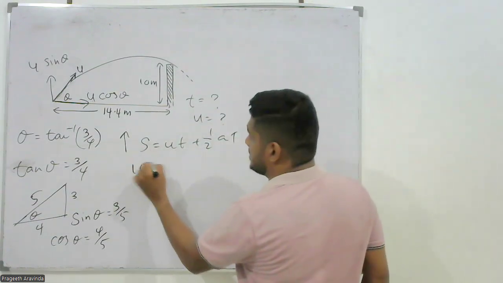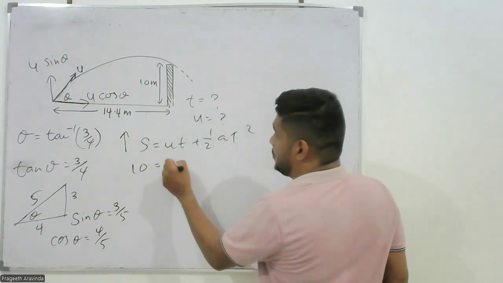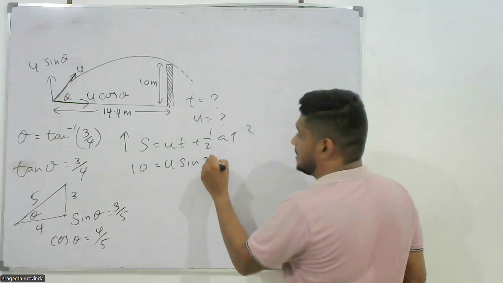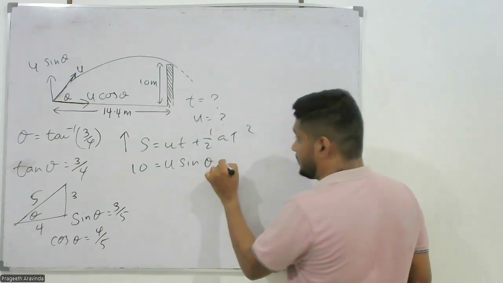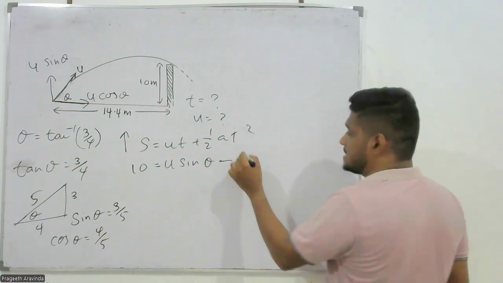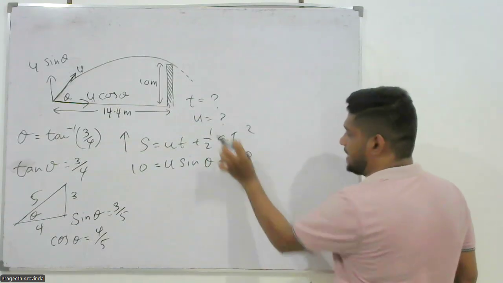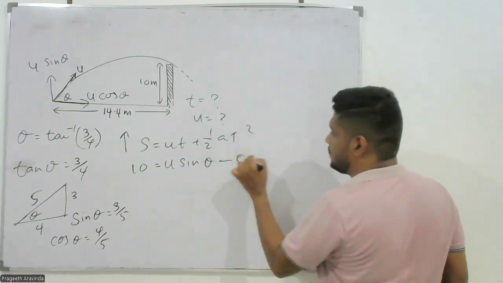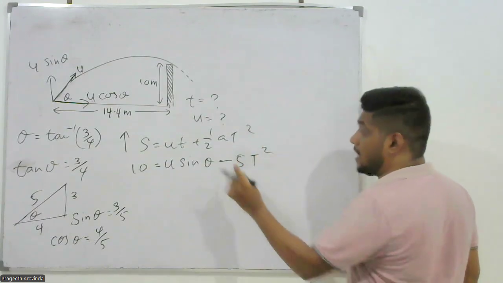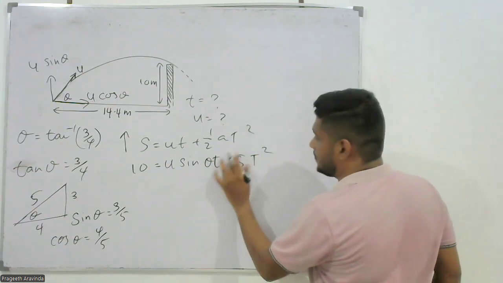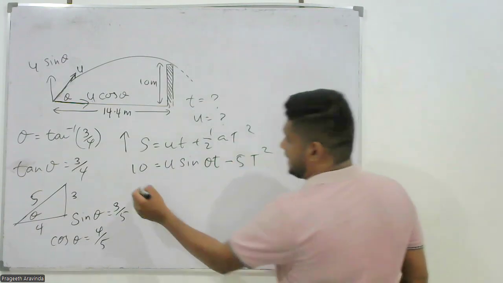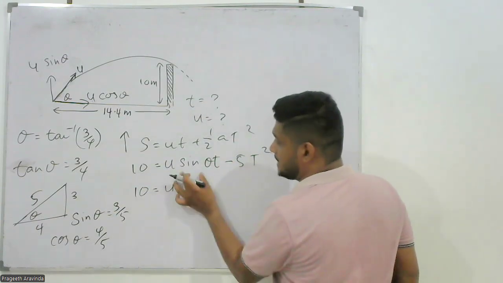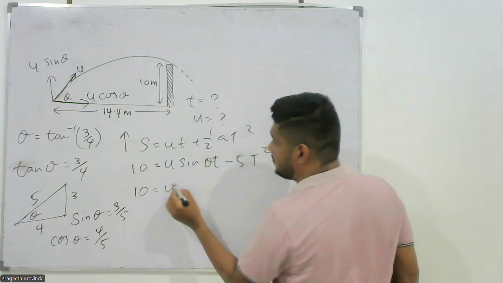S is 10. This one is u sin theta. u sin theta t minus 10 divided by 2, let's write 5 t squared directly. u sin theta is 3 divided by 5.